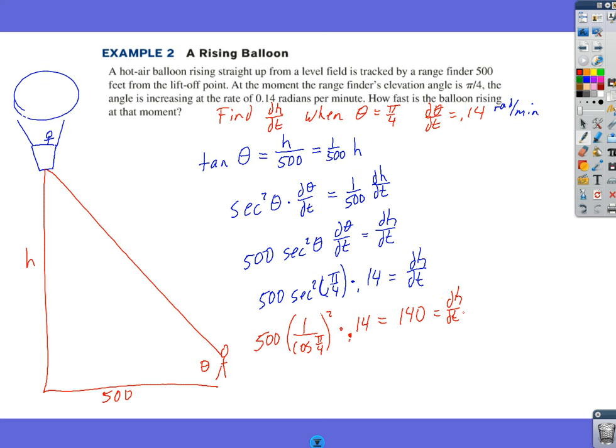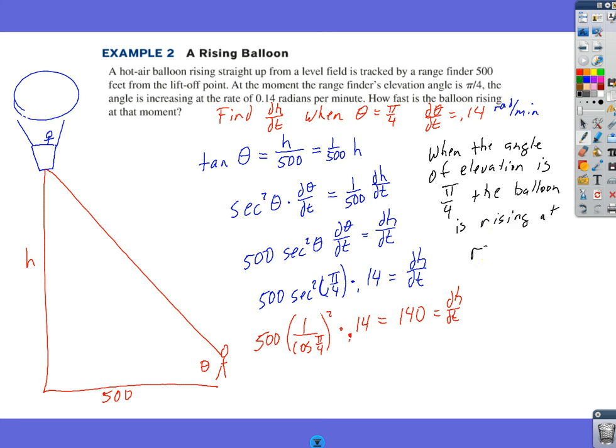So what does that mean? That means I have to write my sentence out. When the angle of elevation is pi over 4, the balloon is rising at a rate of 140.